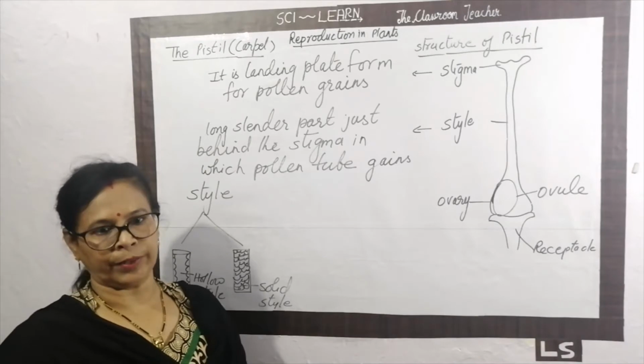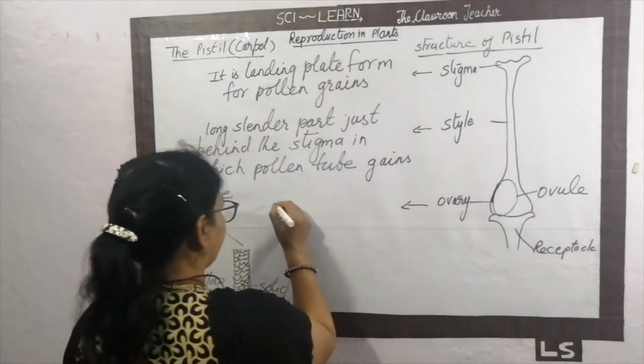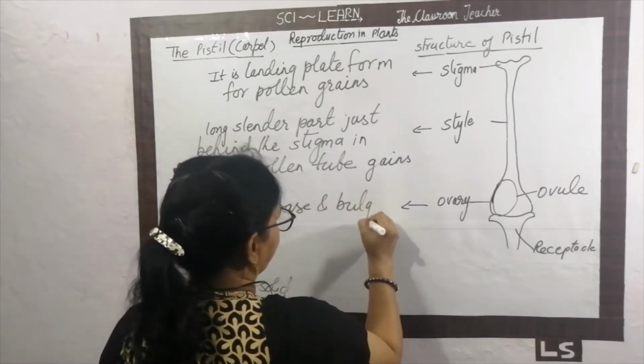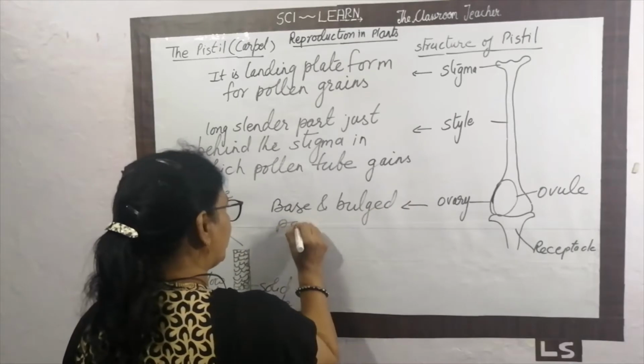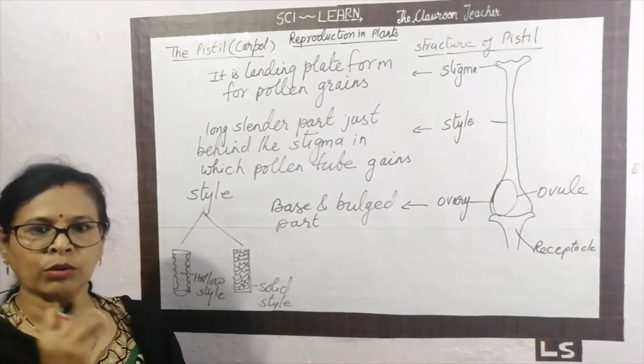And next is the ovary. The ovary is the base, the bulk part, a little bit swollen. This swollen part is called the ovary. And what is the role of the ovary?